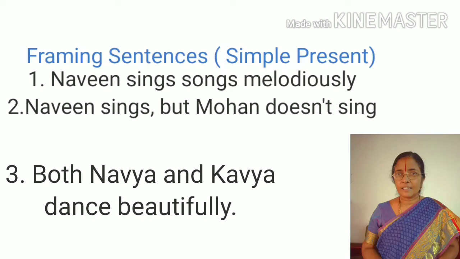Both Navya and Kavya dance beautifully. What is the negative form of it? They don't dance. We have to use do form, not does, do form. In plural form, if we want to make a negative, we have to use do. This is what we have to keep in mind while framing statements and negative sentences.